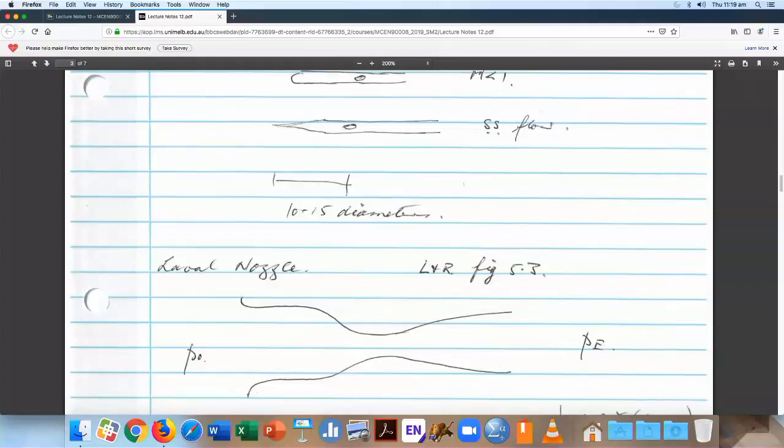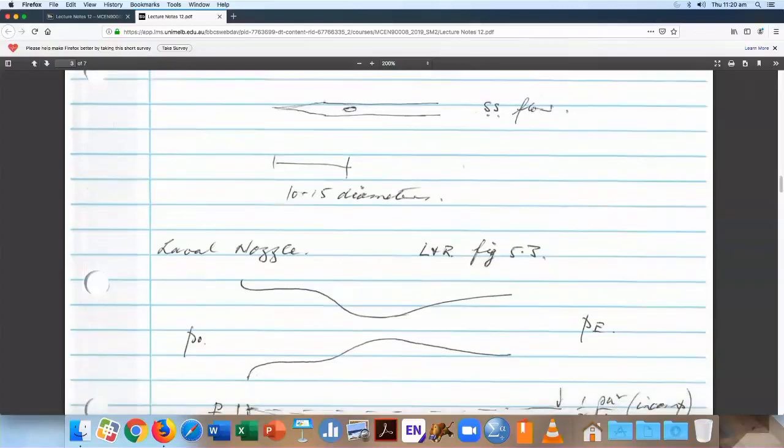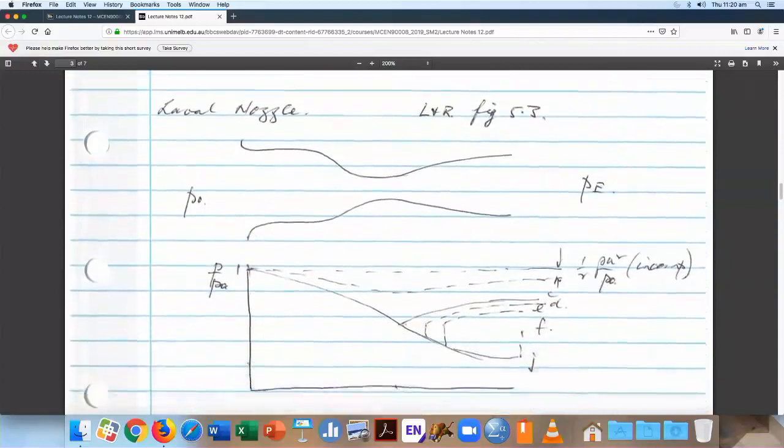So how does that work? Well, you'll remember that we talked about this Laval nozzle, and it's discussed in Liepmann and Roshko in figure 5.3, if you want to see another conversation about it.